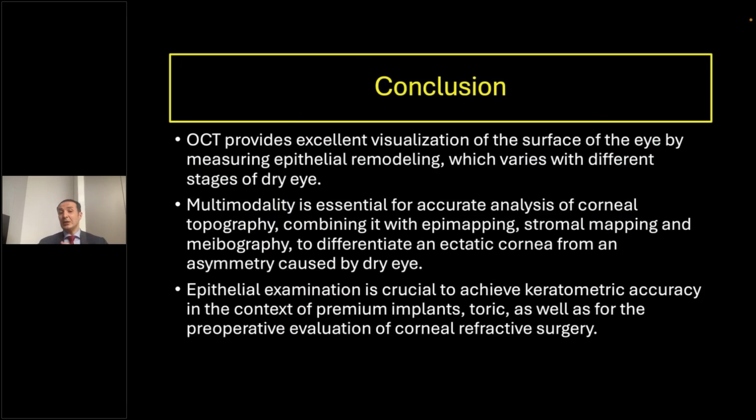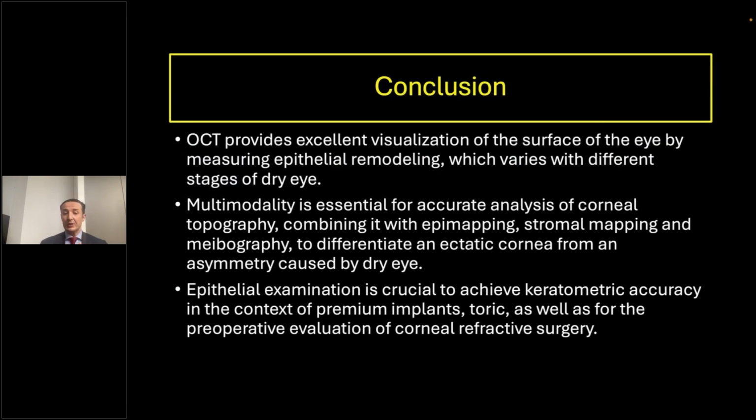So, in conclusion, we know that OCT provides excellent visualization of the surface of the eye with epithelium mapping, and you can observe the remodeling of the epithelium varying with the different stages of dry eye. We have to compare the epithelium mapping with the total pachymetry, stromal mapping, and also meibomian gland imaging.